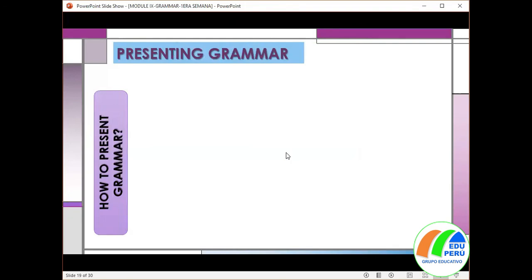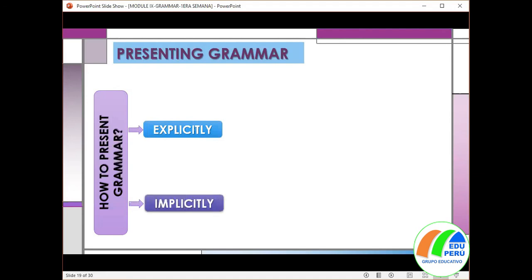And this is what we are going to talk about now. Just getting to the end. Presenting grammar: how you are going to present grammar, how you are going to teach grammar. There are two ways, explicitly and implicitly.